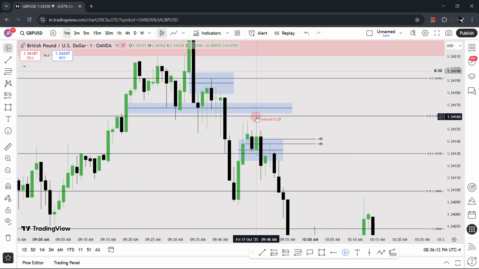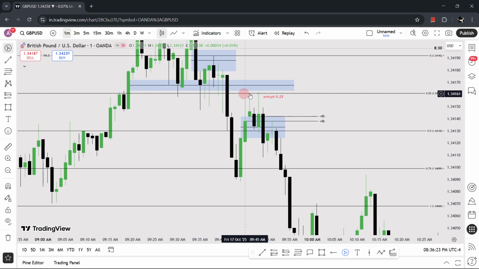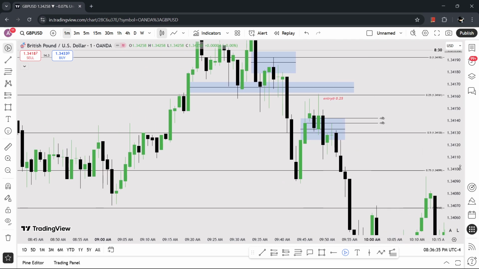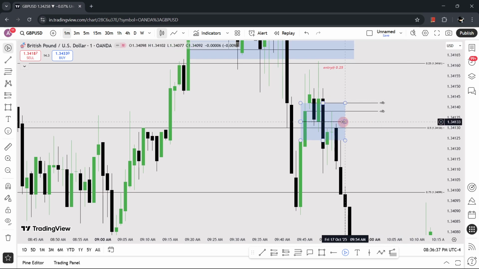Entry on this 0.25 level. Stop loss 3 pips. At the close of this point, we can see the price went to this 0.5 line, broke down disrespecting this fair value gap, came back to this volume balance, and closed below the midpoint of that 1 minute fair value gap, respecting this VIP.